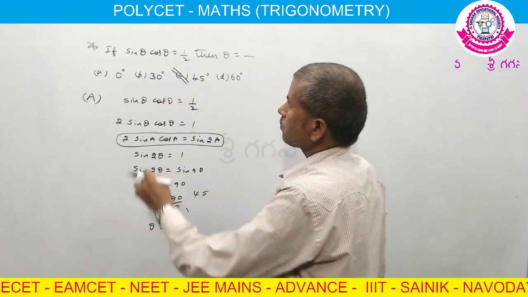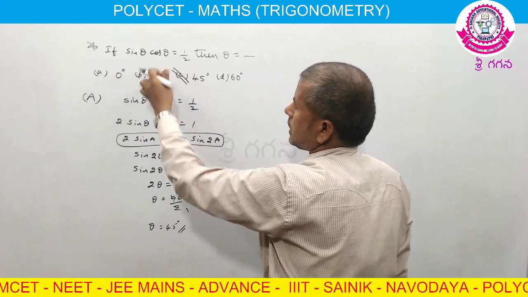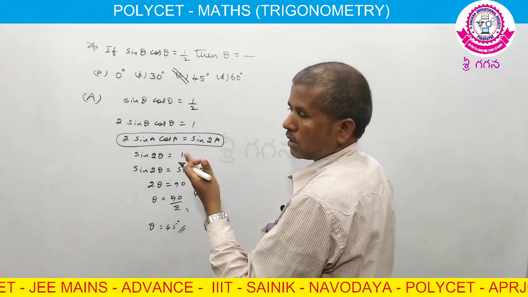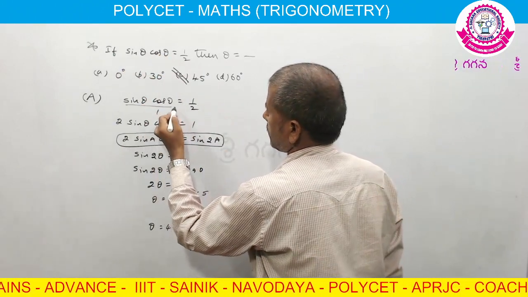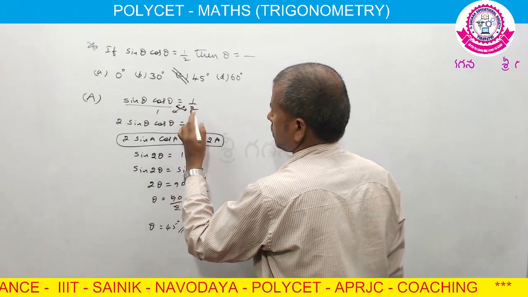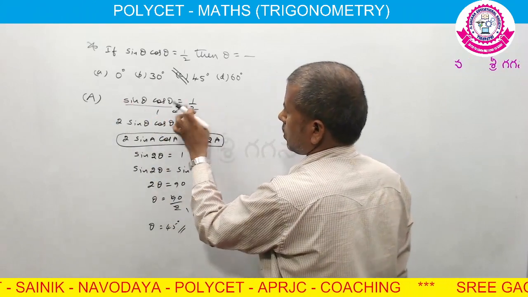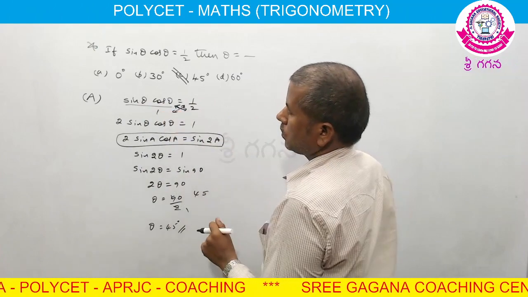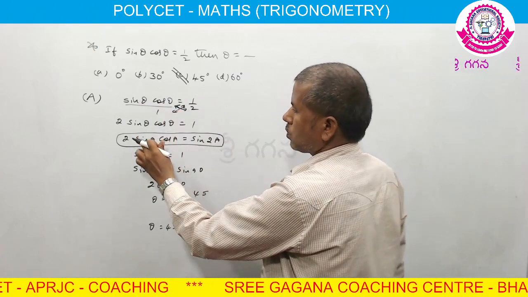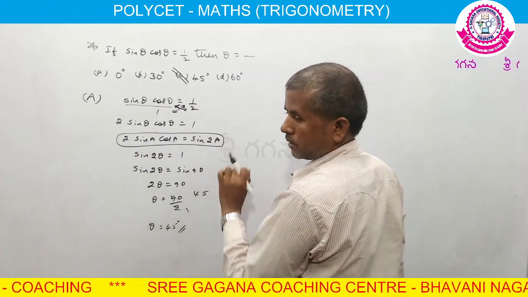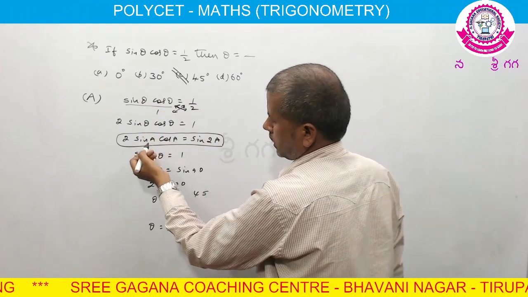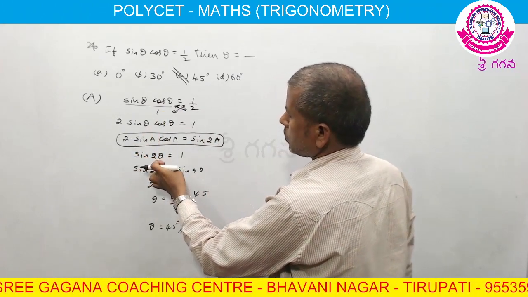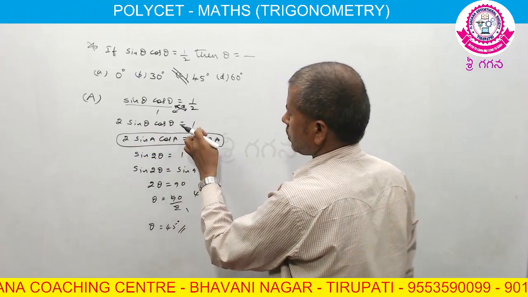Very simple. Given sin theta cos theta equals 1 by 2, by cross multiplication we get 2 sin theta cos theta equals 1. We know the formula 2 sin a cos a equals sin 2a, so assume theta as a.